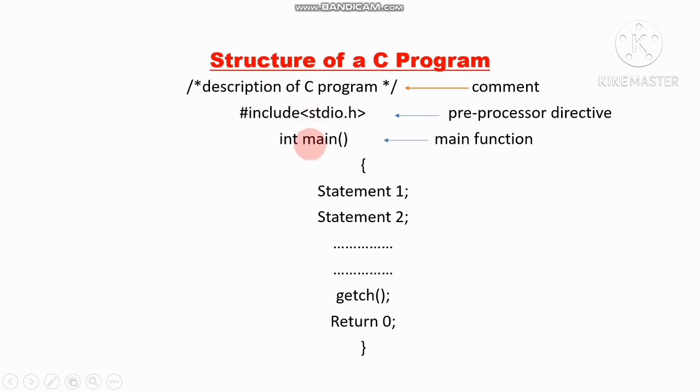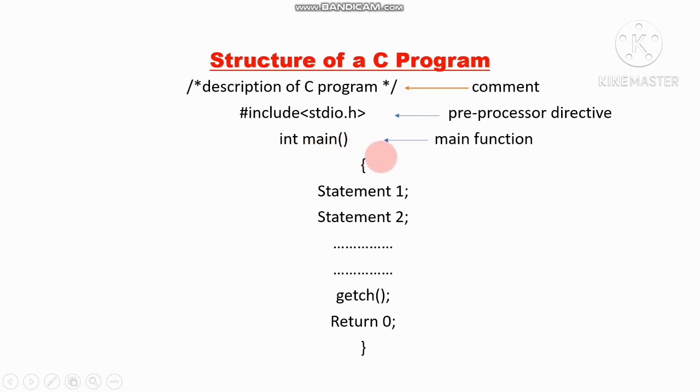Next one is the int main function. This is the main function of your C program. The compiler will execute the code from this function, so this is called the entry point of your C program. This sign is called a function sign, and this symbol is called parenthesis.